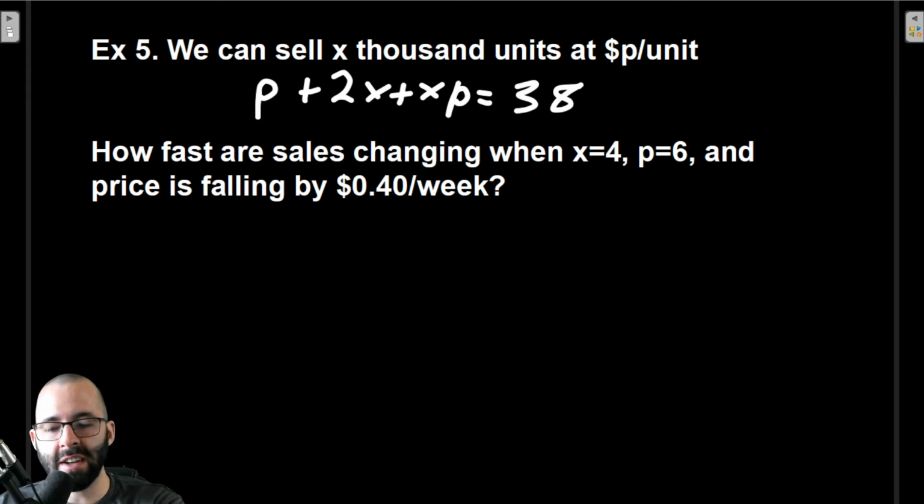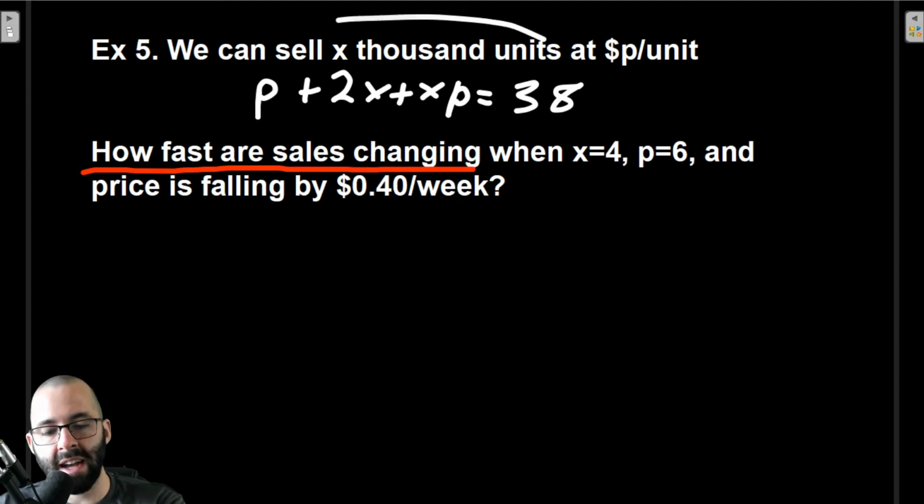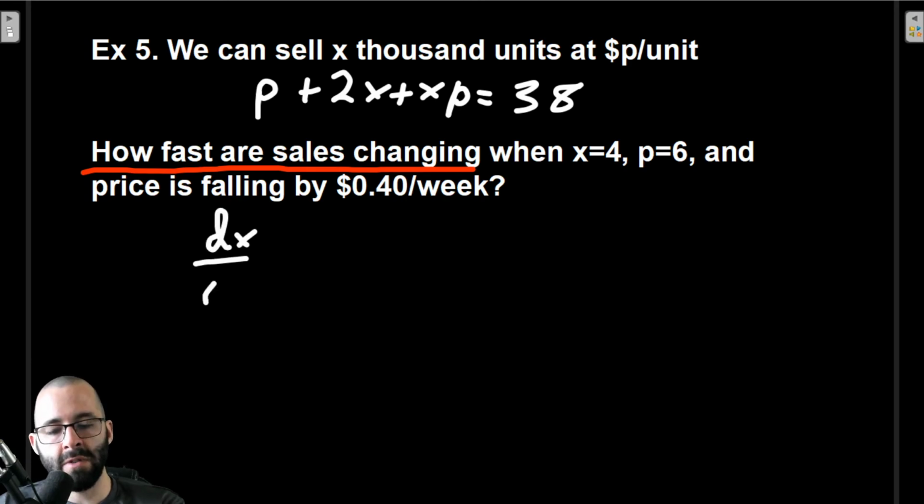So again, just like in the previous section, how fast are sales changing? That wants to know, how is the rate of change of sales? Sales is X, right? Sell X 1,000 units, right? So what is the rate of change of sales over time?